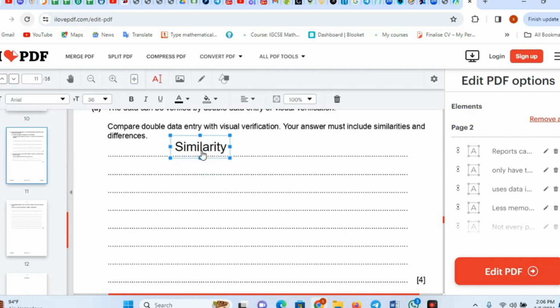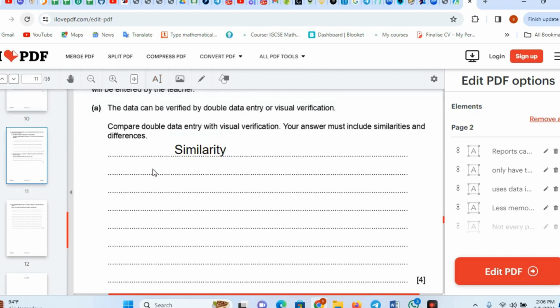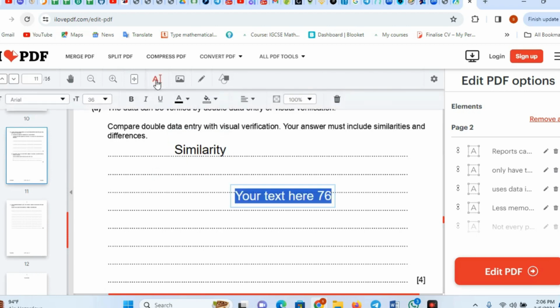So, what are the similarities between double data entry and visual verification? These are the similarities I'm about to start listing.